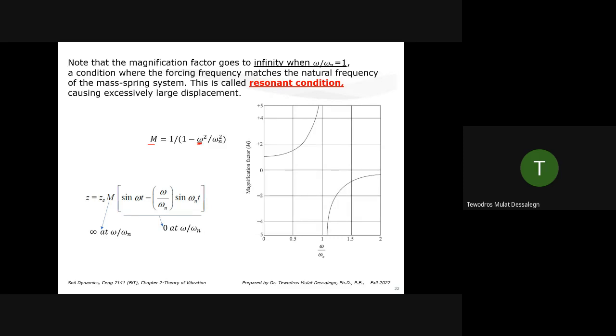If W is the same as Wn, the property of the spring and the mass, if the two coincide, if the two are equal, what happens? W squared by Wn squared is 1. 1 minus 1 is 0. 1 over 0 is infinity. Or at least numerically, you will not have a solution at that point. You'll get a software error. So the magnification factor goes to infinity if W equals Wn.